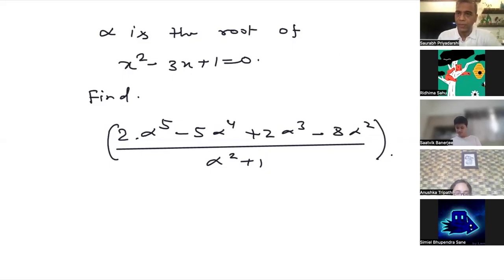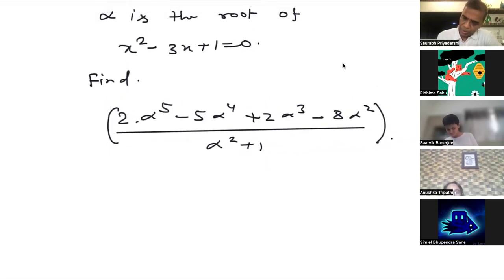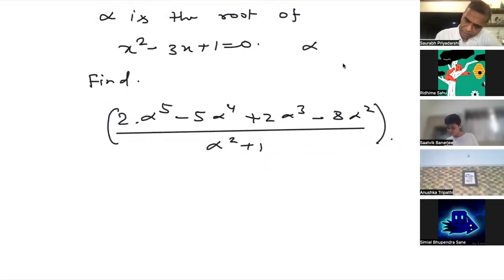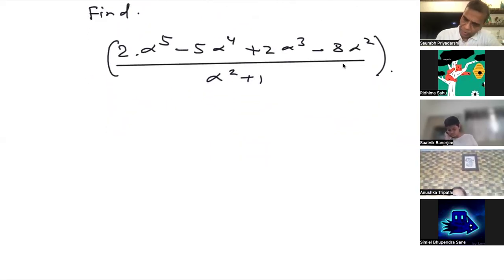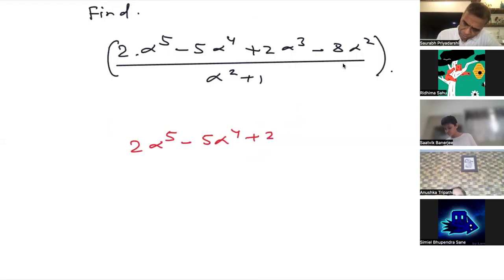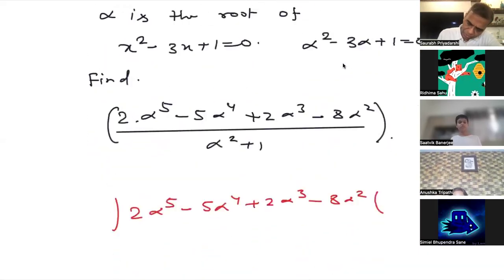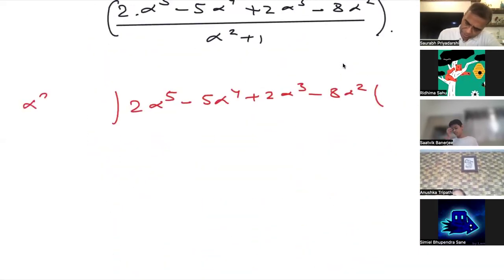Let's start. See, alpha is the root, so I can say alpha square minus 3 alpha plus 1 is equal to 0. Now, I have to find the value of 2 alpha to the power 5 minus 5 alpha to the power 4 plus 2 alpha cube minus 8 alpha square, divided by alpha square minus 3 alpha plus 1.